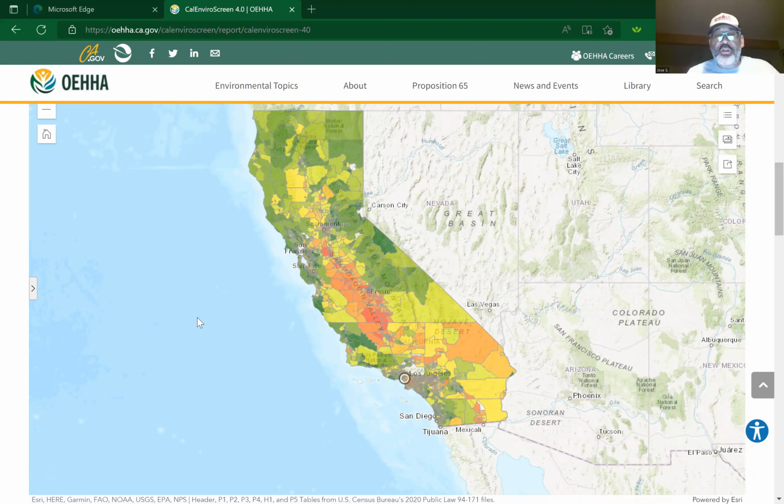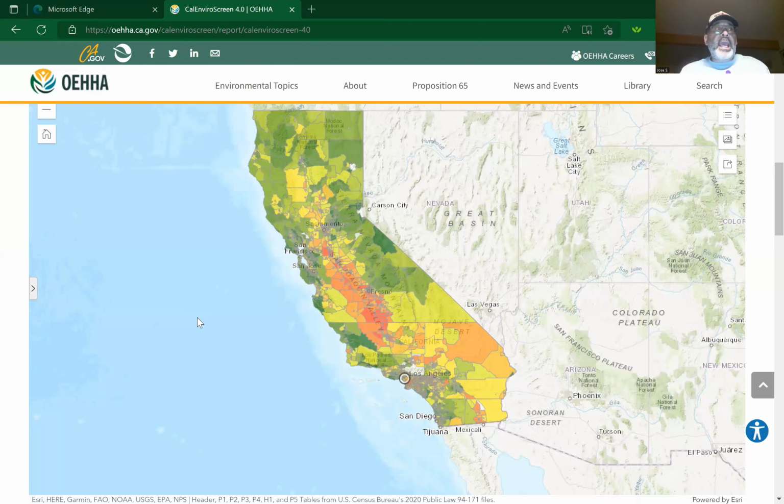And so what this tool does is it shows you which communities are the most disfavored and disadvantaged according to pollution and social characteristics. So if a community doesn't have a lot of people that speak English, for example, it would bring its points up. If the community had a low education level, that would put its points up.